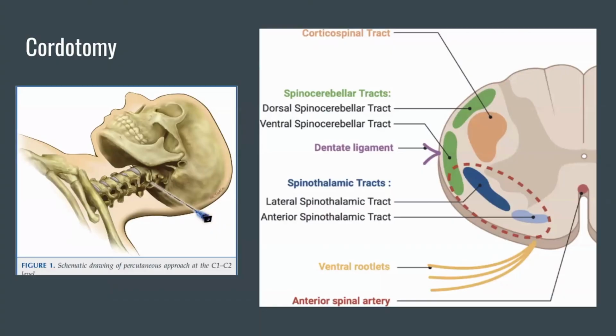And then cordotomy. Historically, cordotomy was an open procedure, but percutaneous cordotomy by radiofrequency has become a viable choice due to advances in fluoroscopic equipment and the possibility of performing the procedure under sedation instead of general anesthesia, which represents an advantage in these potentially fragile patients with advanced cancer.